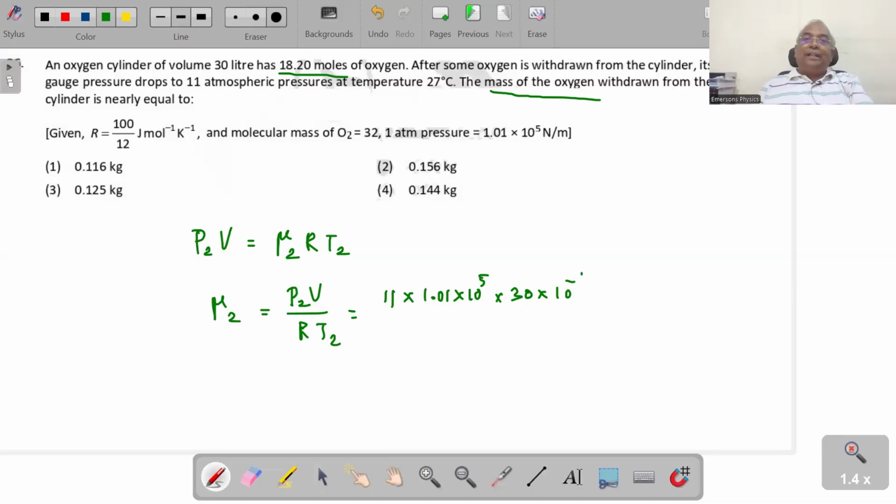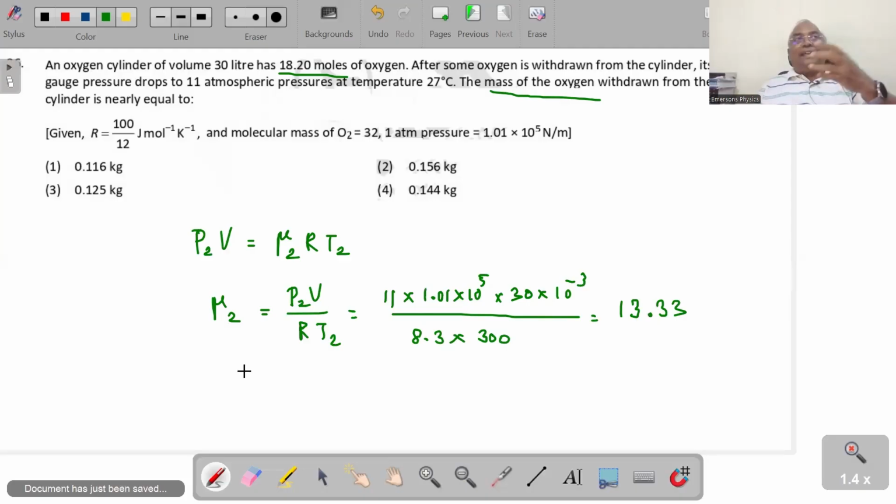Here they have given the gas constant R as 100 by 12 joules per mole, which is nothing but 8.3 joules per mole per Kelvin, into temperature, 27 plus 273 Kelvin, which is equal to 300 Kelvin. If you calculate this, you get 13.33 moles.